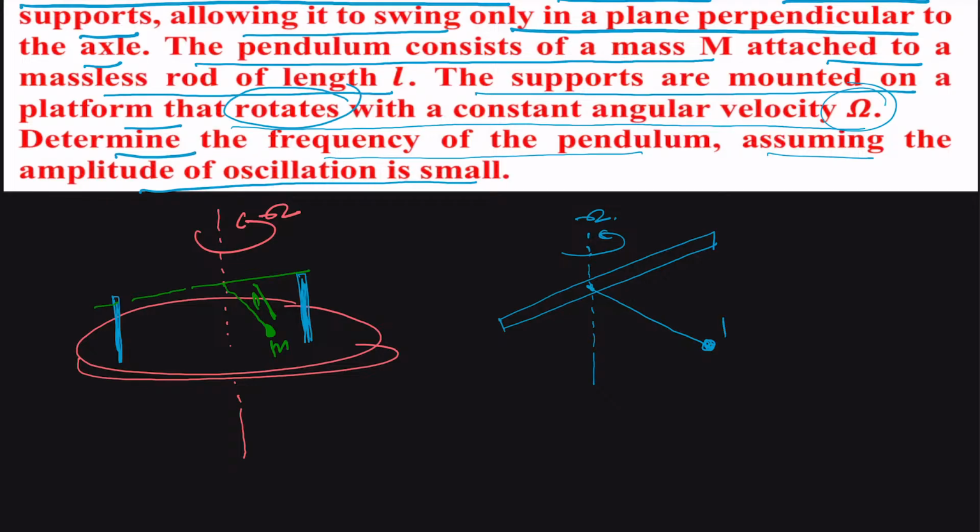We have mass m and length l, and suppose the angle is a small angle, theta. So these are the things which are given to us.